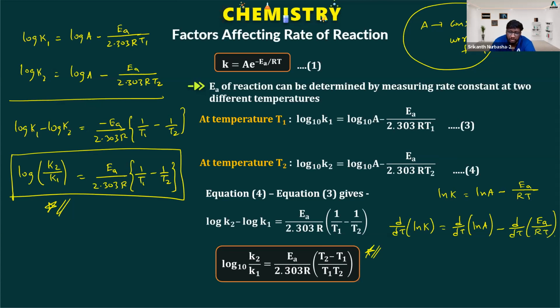We got this equation or not? K depends upon temperature, so I cannot do anything with it. Will A depend upon temperature? A is constant with respect to temperature. So what is d by dT of ln A? Zero. It goes to 0.